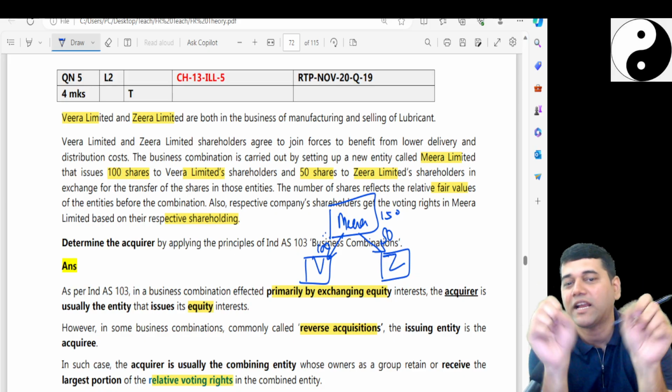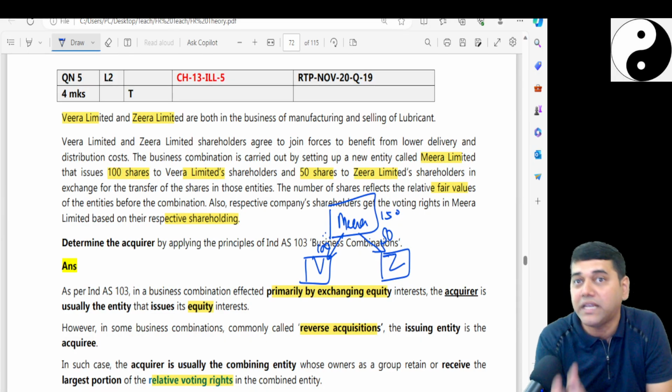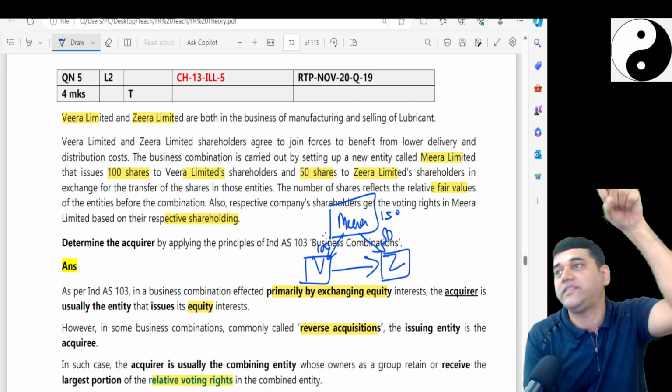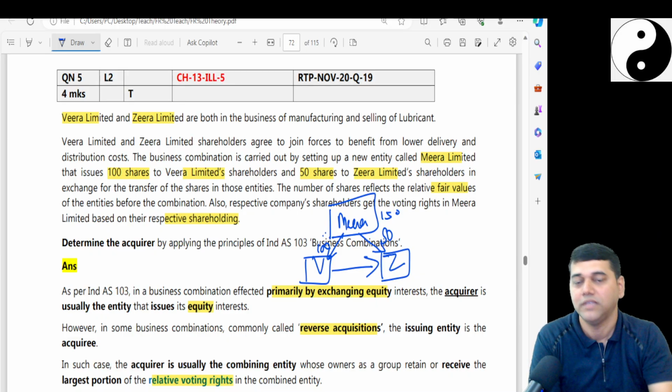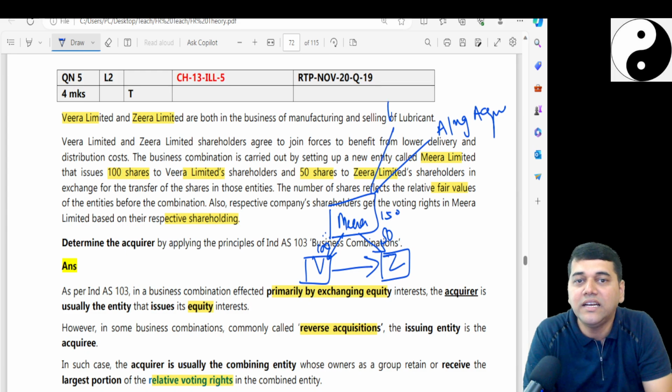Then you say, sir, Mira acquired. No, this is a reverse acquisition. In the name of Mira, Veera acquired Zira. This is a reverse combination. Now, going forward, we call this person the accounting acquiree, legal acquirer.